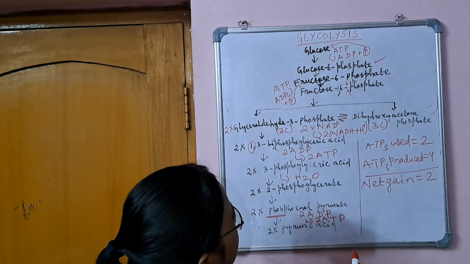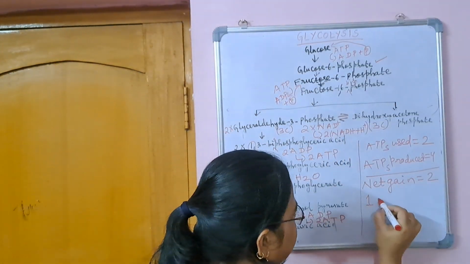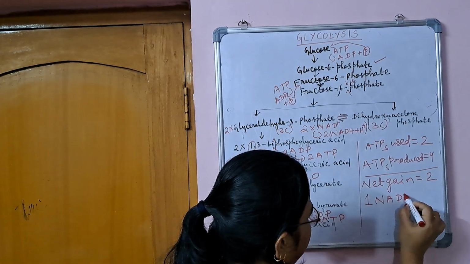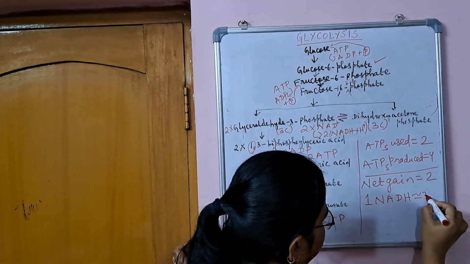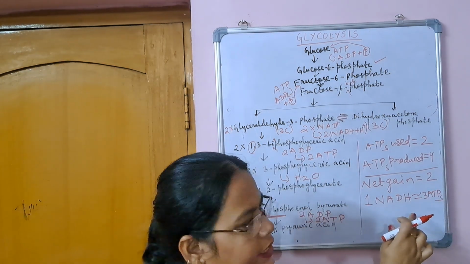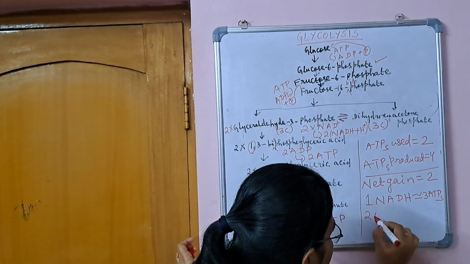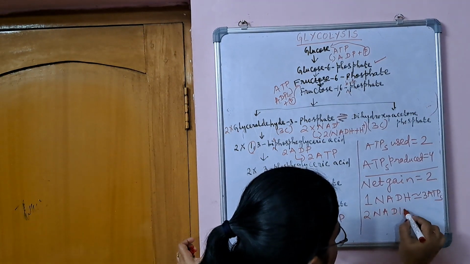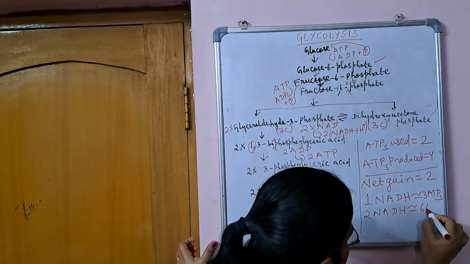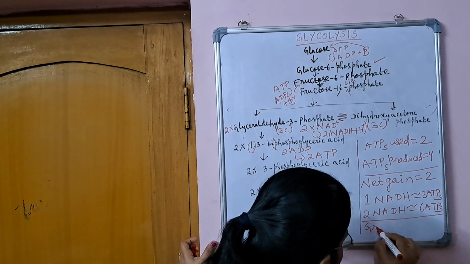Now let us see, here 2 NADH are produced. 1 NADH is equivalent to 3 ATPs, and this will be produced in ETS, the electron transport system. Now here 2 are produced, so 2 NADH will be equivalent to 6 ATPs. Now what is the gross ATP production?